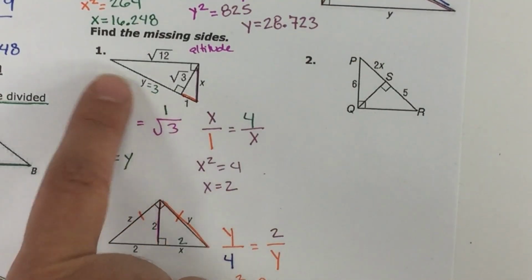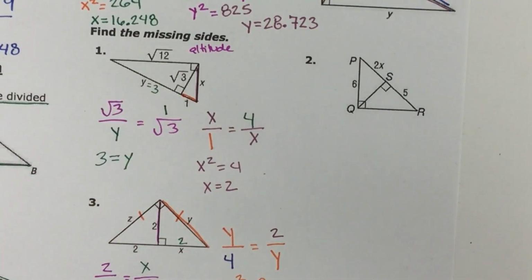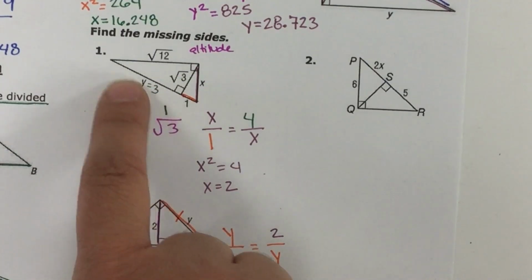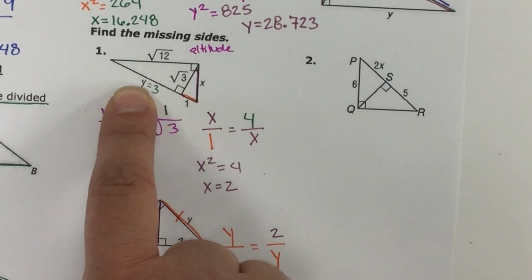I'm looking for y first. I'm looking for my y value first, okay? So because this is part of the hypotenuse, that's where I'm using the right triangle altitude theorem.